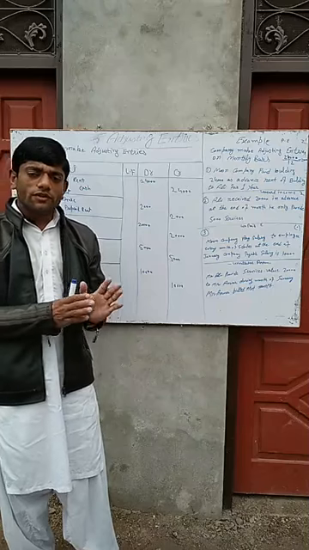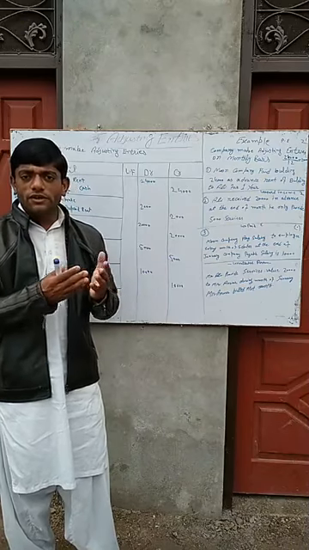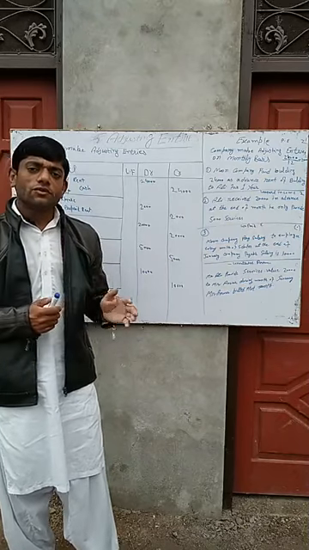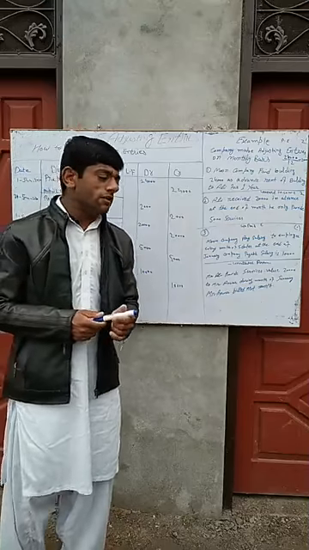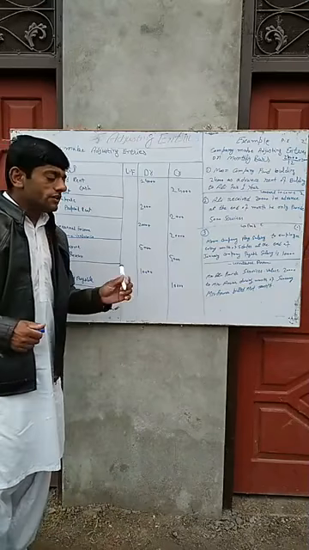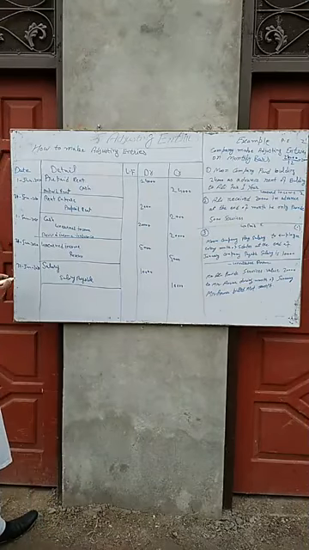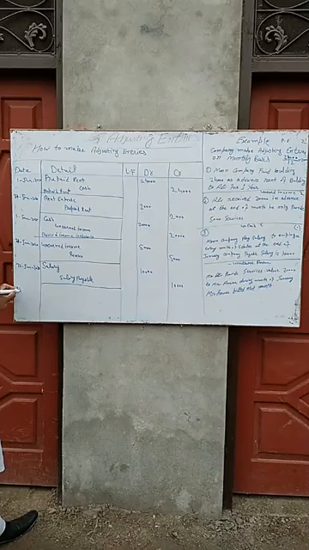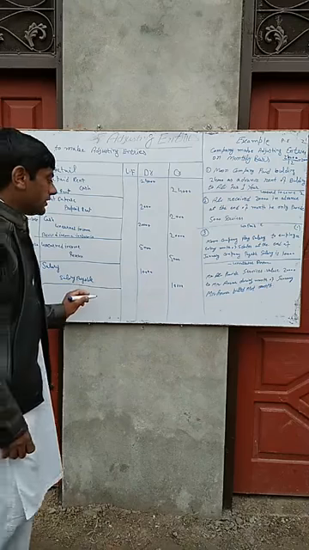So services are provided but income is received in the next month. So this is our receivable income. At the end of the month we pass the adjusting entry of this. Services are provided but income not received, that is receivable income.